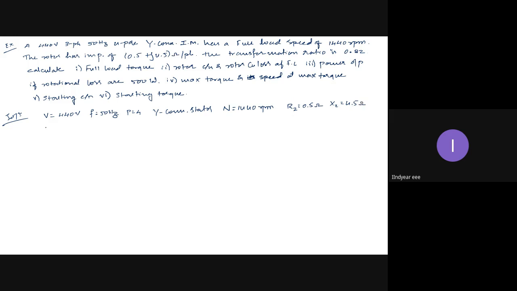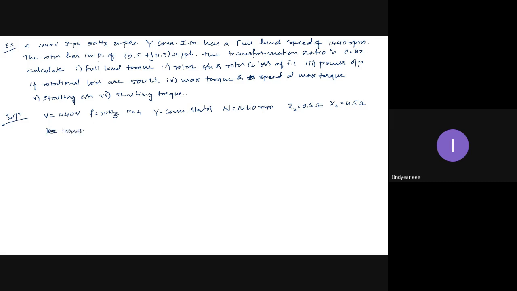Transformation ratio. Here observe what I told in the previous examples. If the transformation ratio mentioned is greater than 1, then it is stator to rotor. If the transformation ratio mentioned is less than 1, it is rotor to stator. This you have to keep in mind, or else you will end up doing the wrong calculations. Okay. So here K is equals to our transformation ratio.